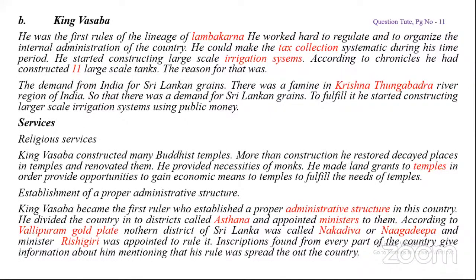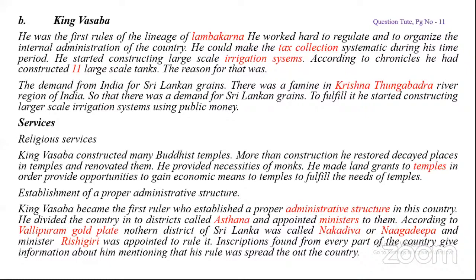He was the first ruler of the lineage of Lambakarna. He worked hard to regulate and organize the internal administration of the country. He made tax collection systematic during his time. He started constructing large-scale irrigation systems. According to chronicles, he constructed 11 large tanks.